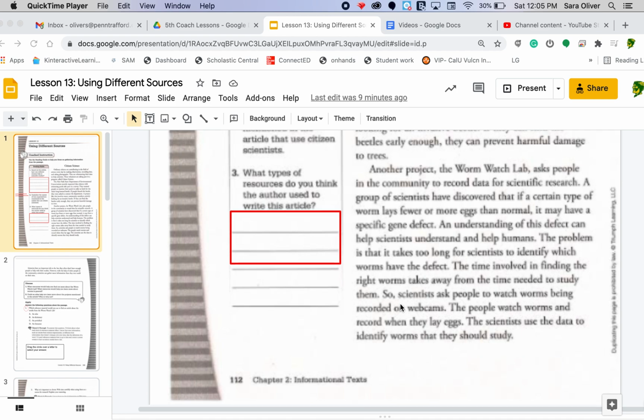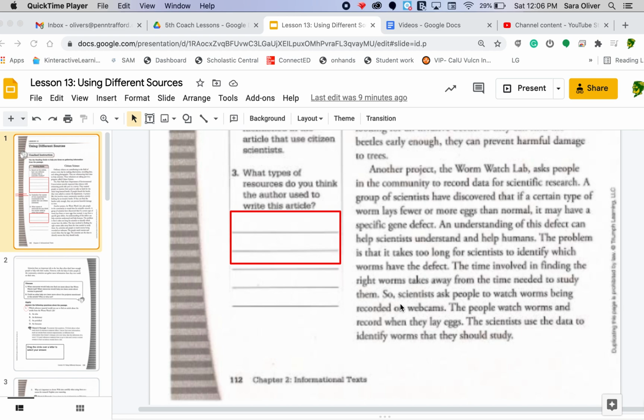Another project, the Worm Watch Lab, asks people in the community to record data for a scientific research. A group of scientists have discovered that if a certain type of worm lays fewer or more eggs than normal, it may have a specific gene deficit. An understanding of this deficit can help scientists understand and help humans. The problem is that it takes too long for scientists to identify which worms have the defect. The time involved in finding the right worms takes away from the time needed to study them.